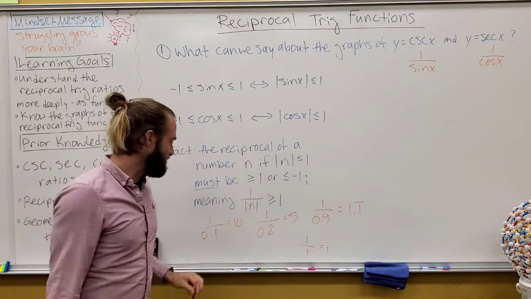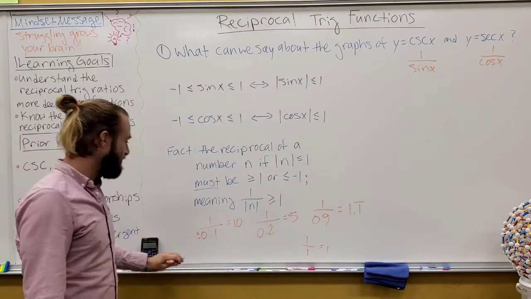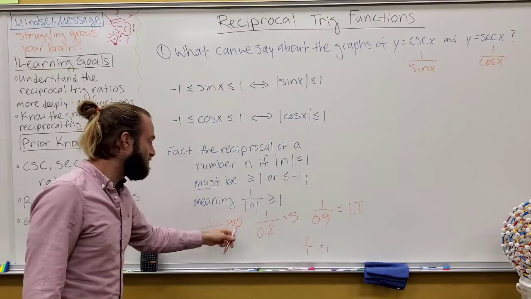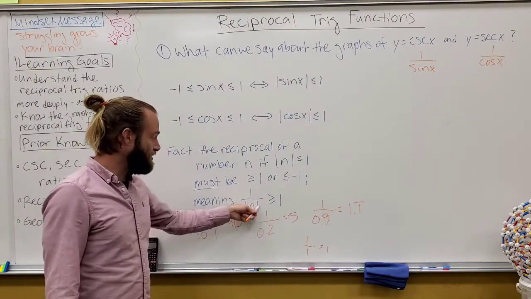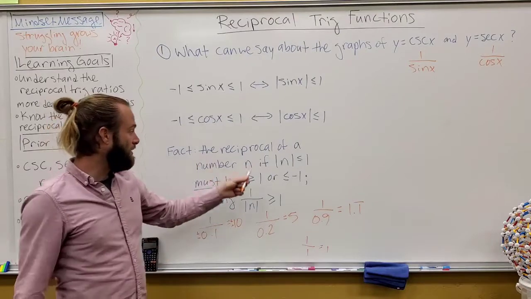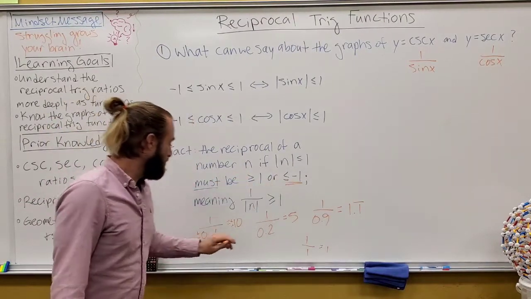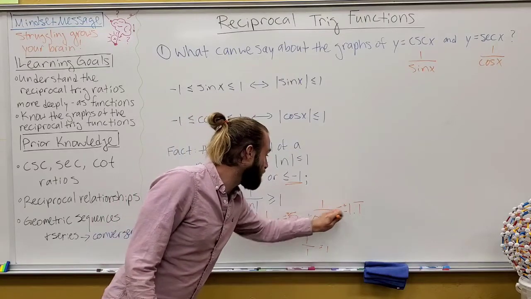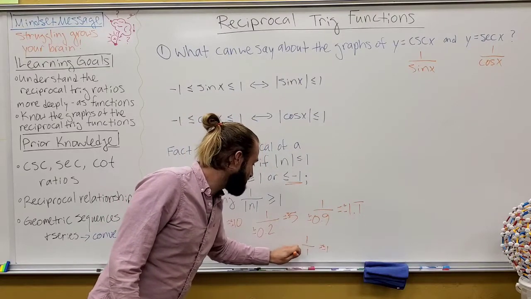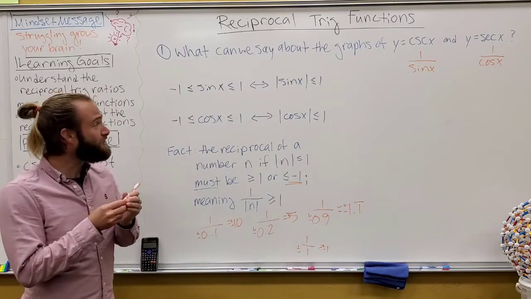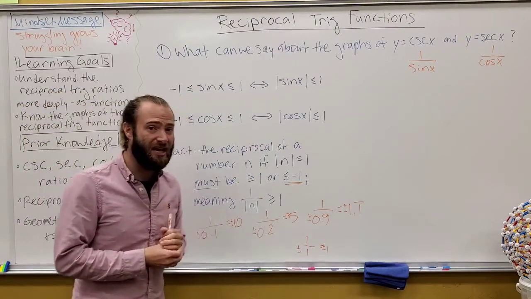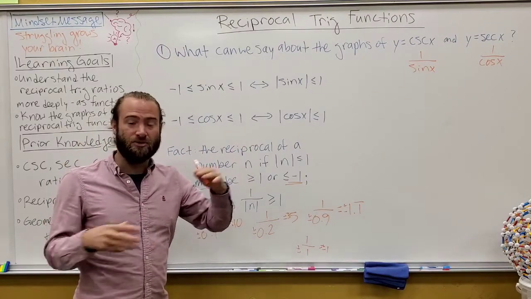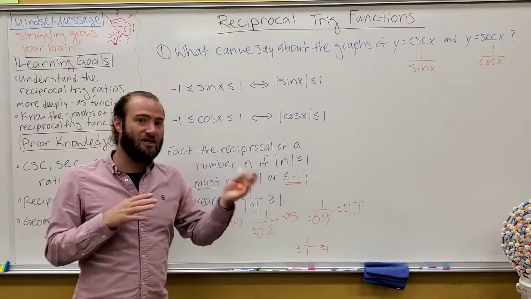Now, the cool thing is this could be plus or minus, because we realized it could also go down to negative 1. So that just results in something plus or minus 1, and that's where this absolute value comes into play. Okay, so this fact holds true, and what that means for us is, if you were to look at the graphs of secant and cosecant, their range is exactly the complement or the opposite of what sine and cosine range is.